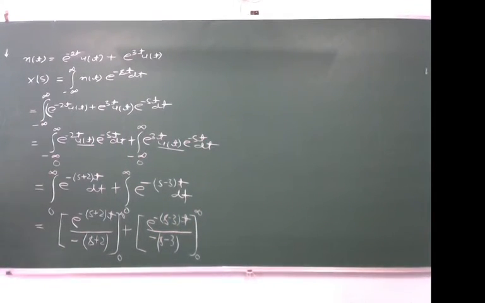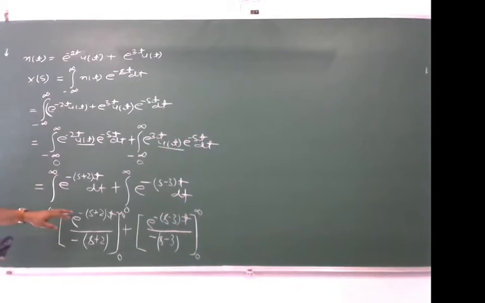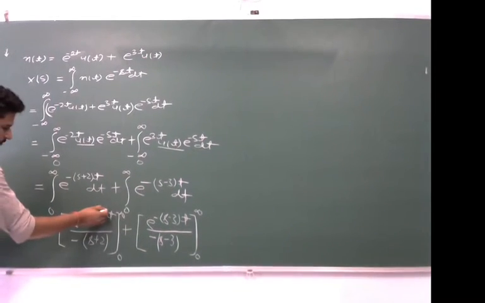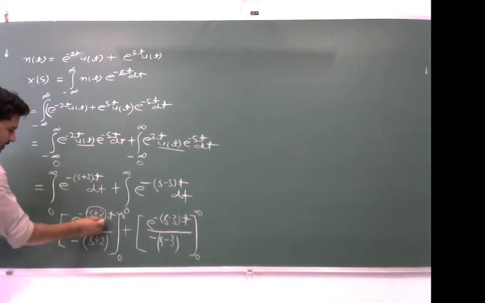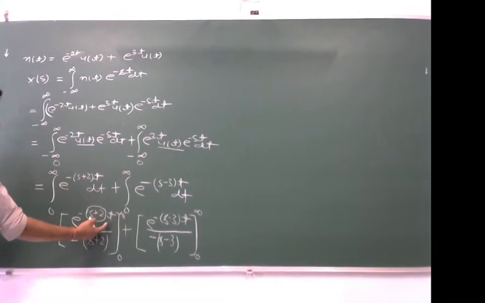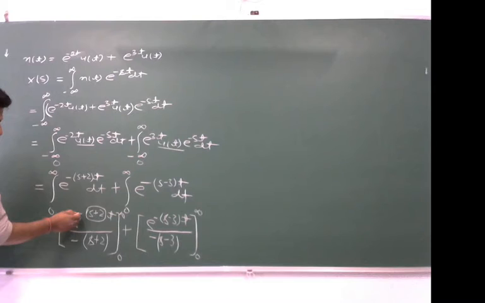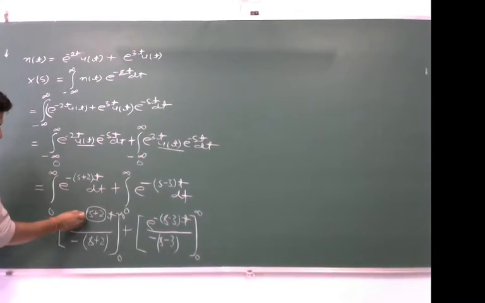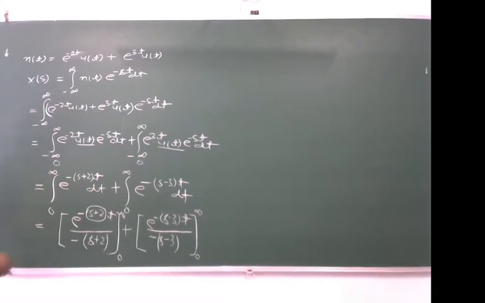Now what we are doing all this for is to get the region of convergence of this equation. This equation will converge if this value is positive, because when I put t equal to plus infinity here, this will become e power minus infinity.